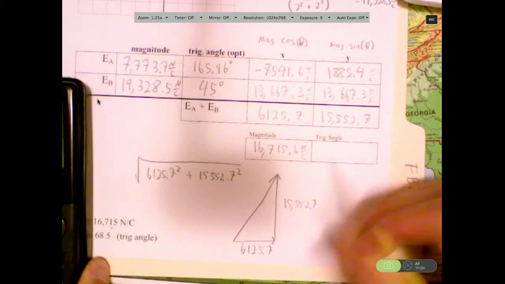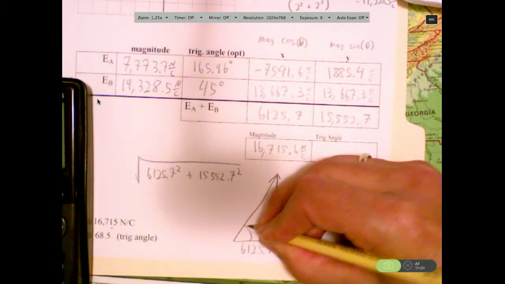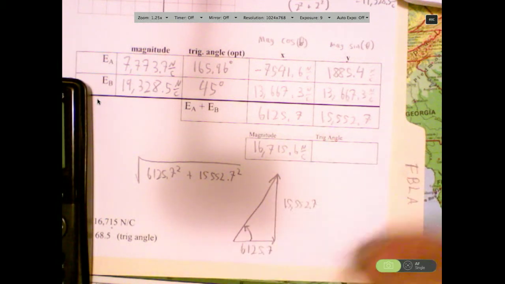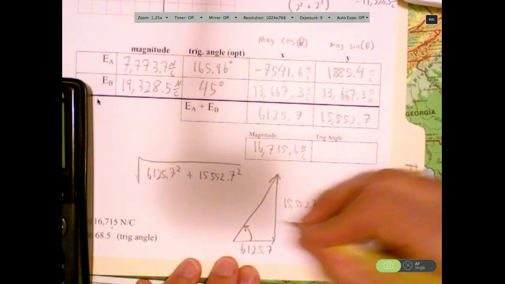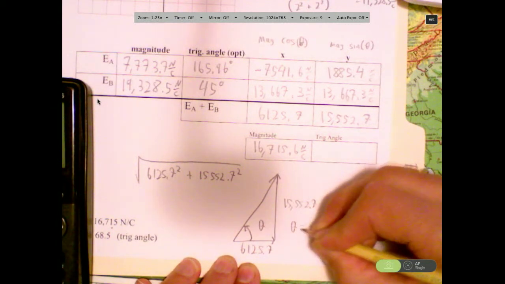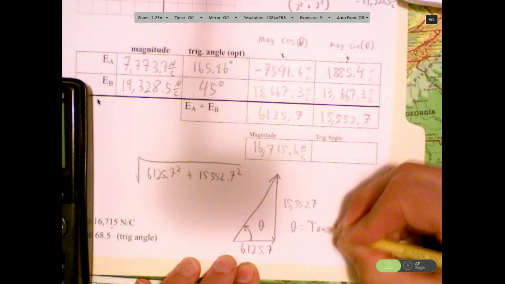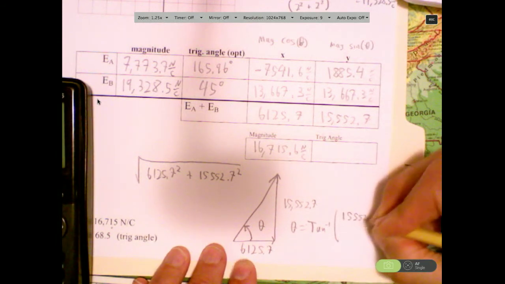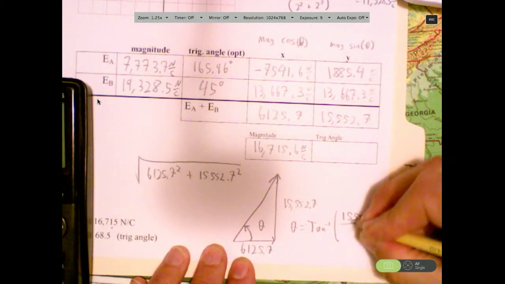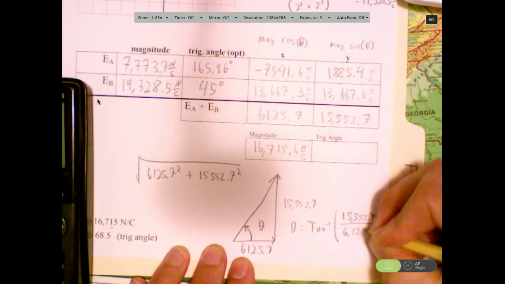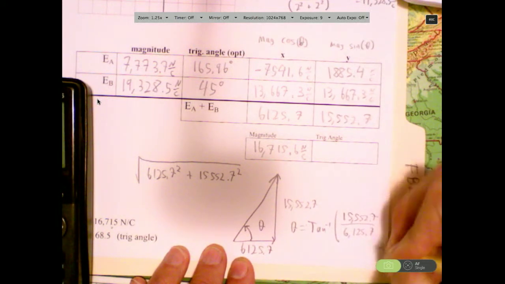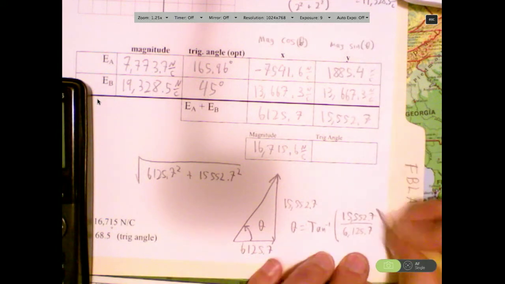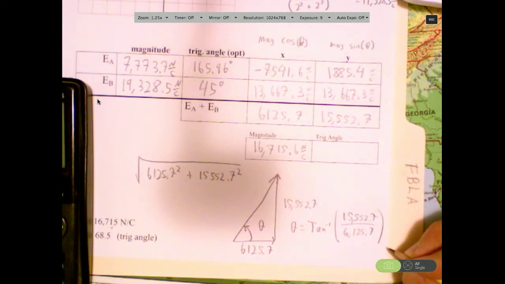And then the trig angle here is actually this angle. That is the trig angle, anti-clockwise from the x. So theta will be tan minus 1 of 15,552.7 divided by 6125.7. That's crazy.